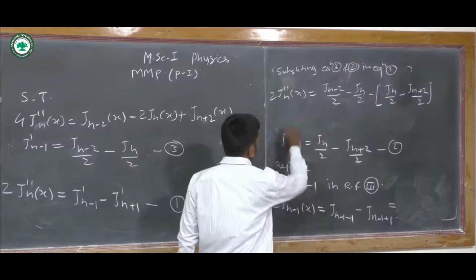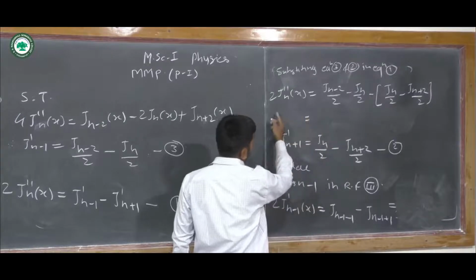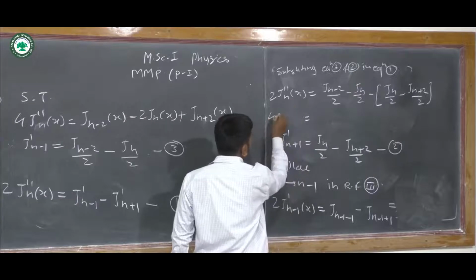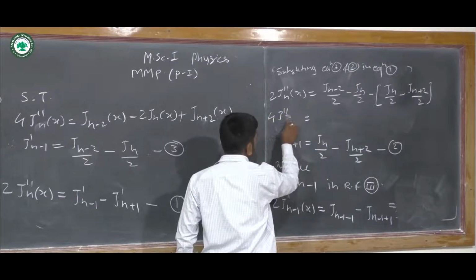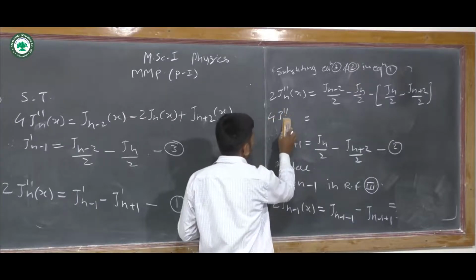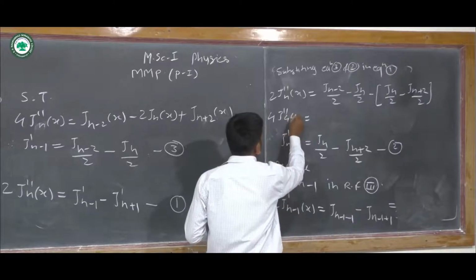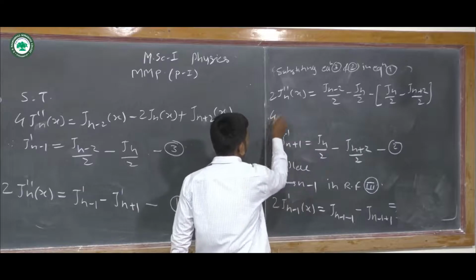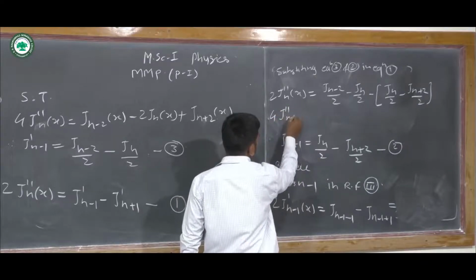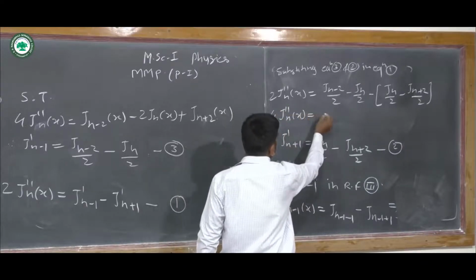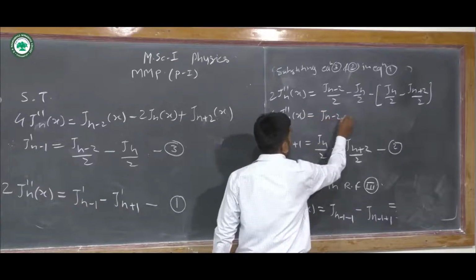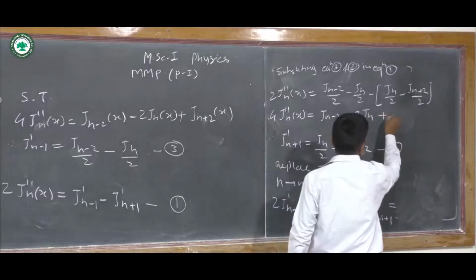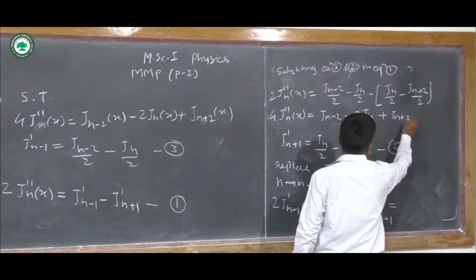Okay, so if I multiply with 2, it is 4J''n(x) = J(n-2) - 2Jn + J(n+2).